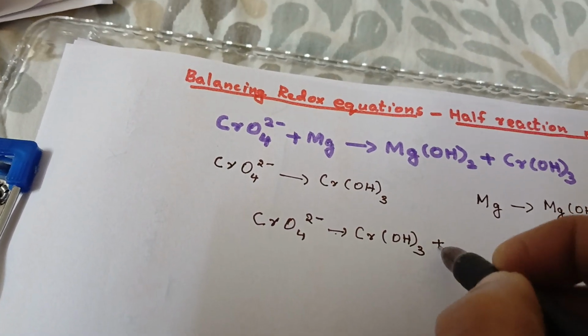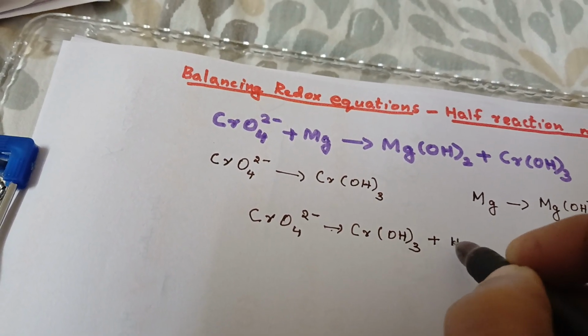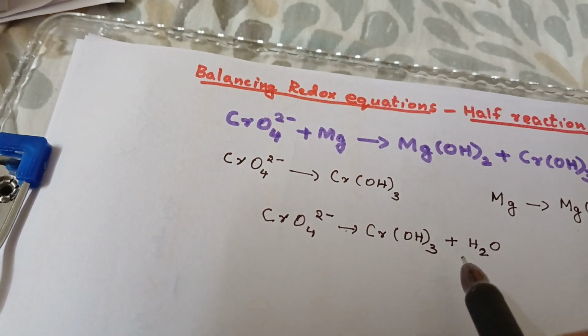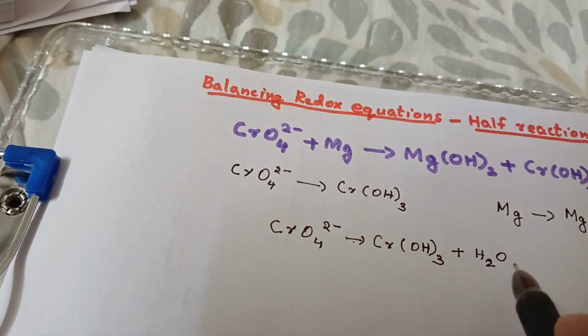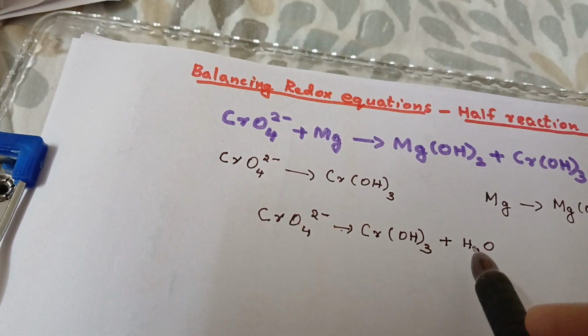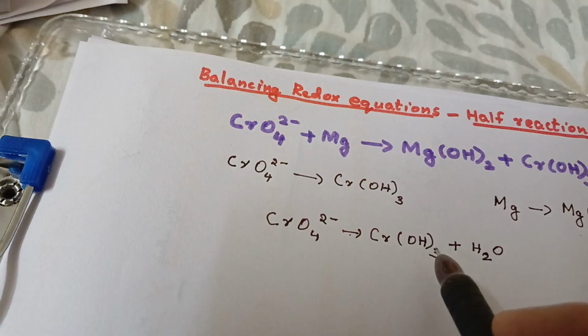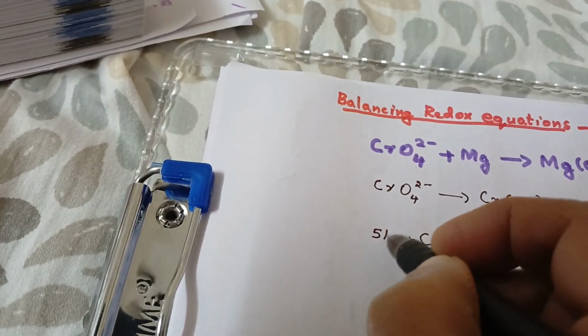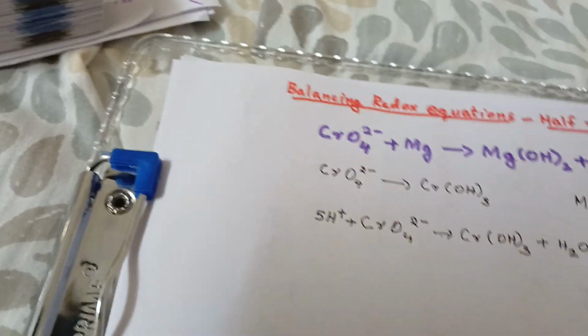So let us add a molecule of water to the right hand side. Now we have balanced the oxygen atoms, but what about the hydrogens? 2 here and 3 here. So we need to add 5 H plus ions to the left hand side.